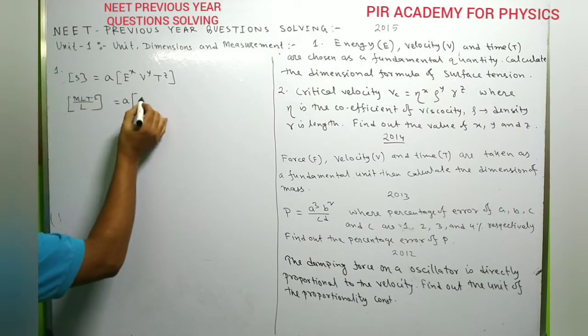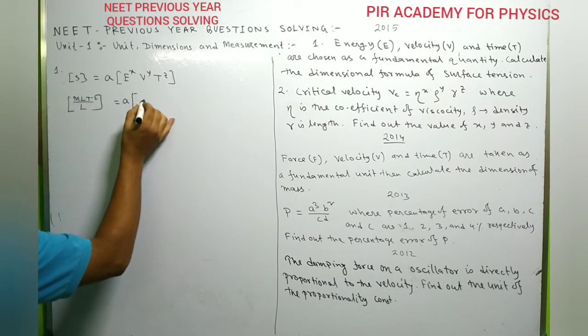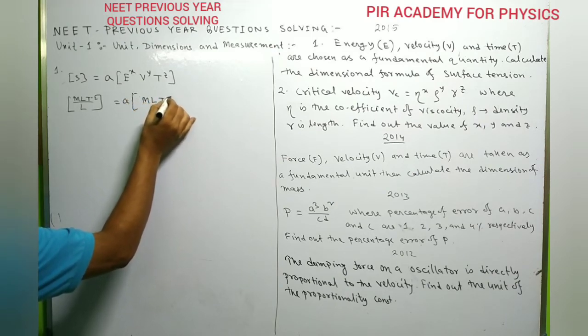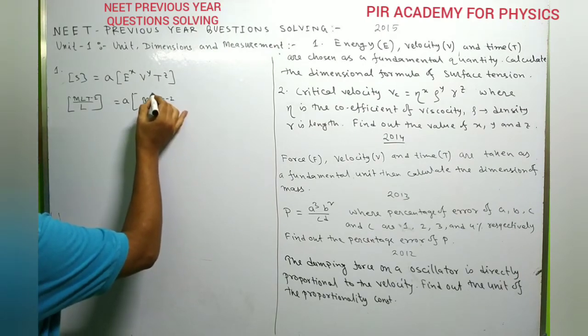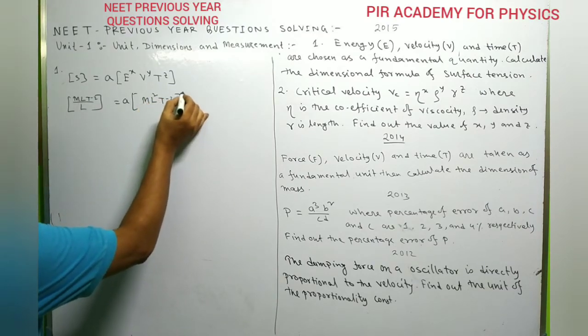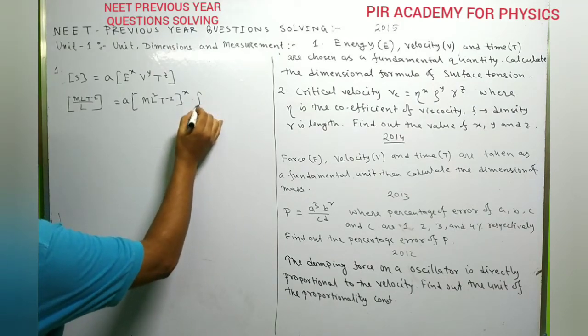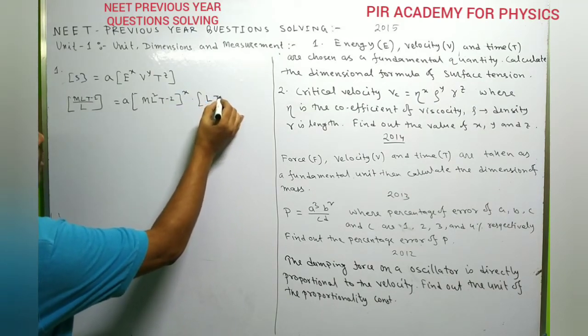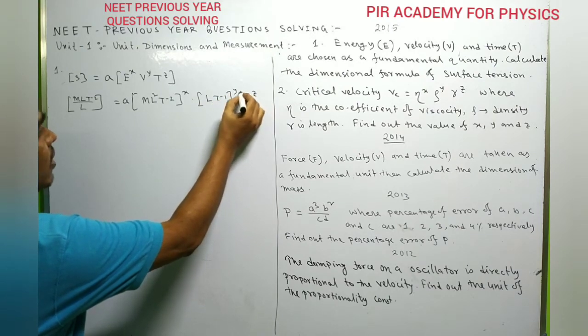E for energy means the work done, so the dimension of energy is force into length, so it will be another length, that means M L square T to the power minus 2, the whole to the power x. Velocity means L T to the power minus 1, to the power y, and here is T to the power z.